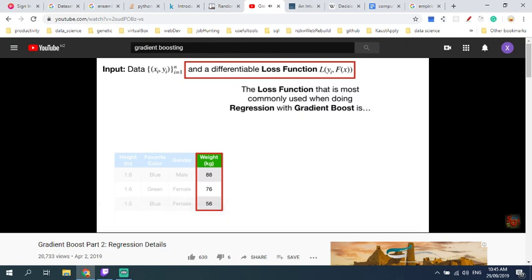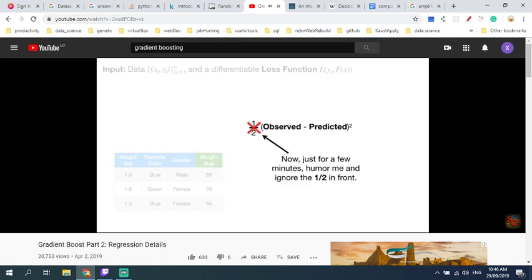The loss function that is most commonly used doing regression with gradient boost is 1/2 times the observed value minus the predicted value squared. Now, just for a few minutes, humor me and ignore the 1/2 in front.